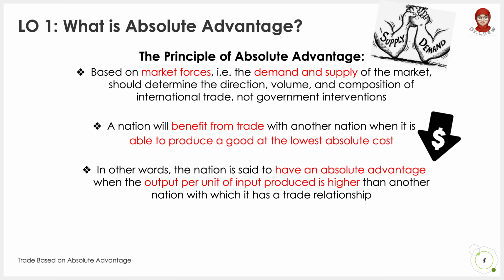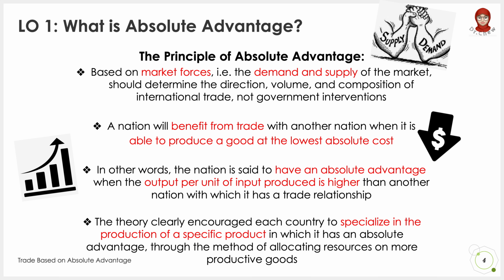Or in other words, the country is able to produce the same goods at cheaper prices and in higher volume than another country with which it has a trade relationship. Last, this model encourages each country to specialize in the production of a specific good which it is good at or better than other countries.